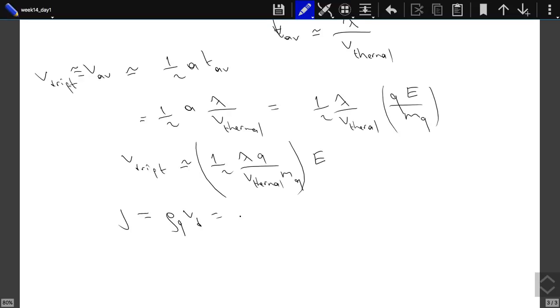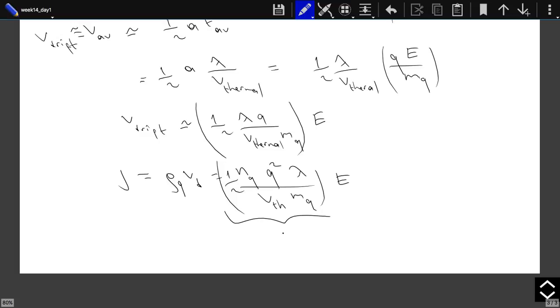Well, the charge density is the number density of the charges times Q, and the drift velocity is 1 over 2 lambda, another Q divided by V thermal times M_Q times E. So typically, this is what your sigma is. Okay, at least in this classical picture, yes.